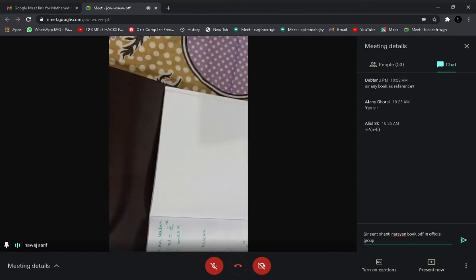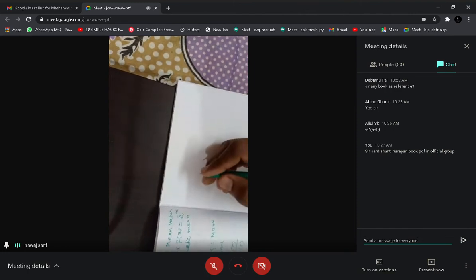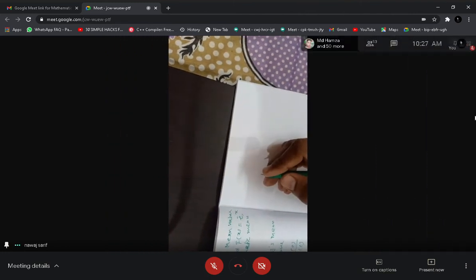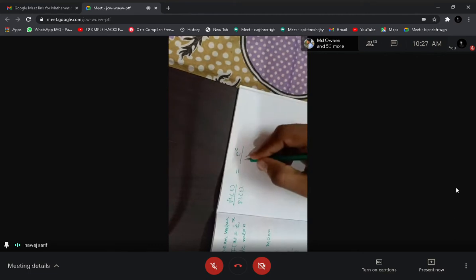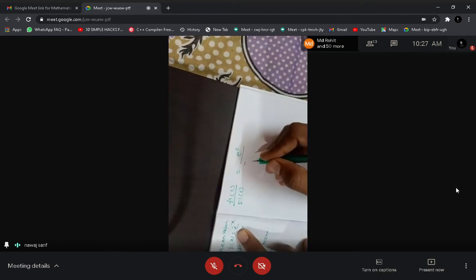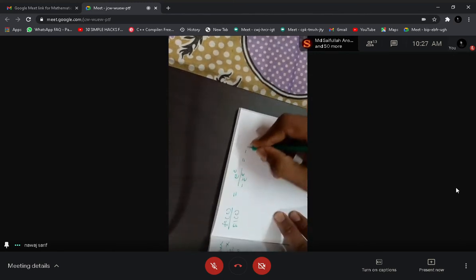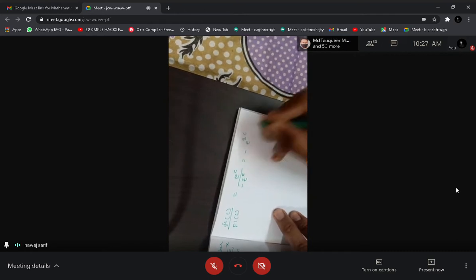Now f dash c upon capital F dash c equals what? e to the power x, that means e to the power c, and minus of capital F dash c is minus e to the power minus c. This means minus e to the power 2c.